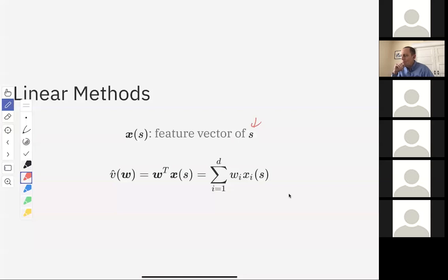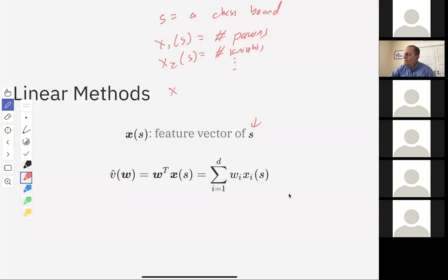What might that be? Let's say S is a chessboard. So we might extract one feature of S, which might be the number of pawns. And we might say that the second one is the number of knights, and go on.